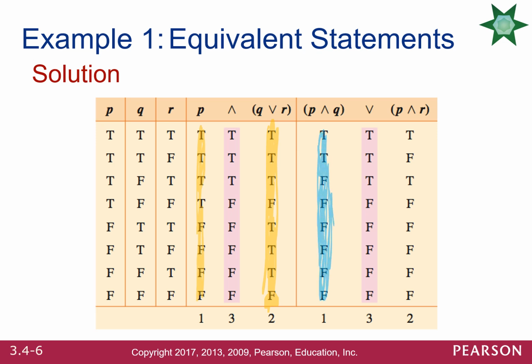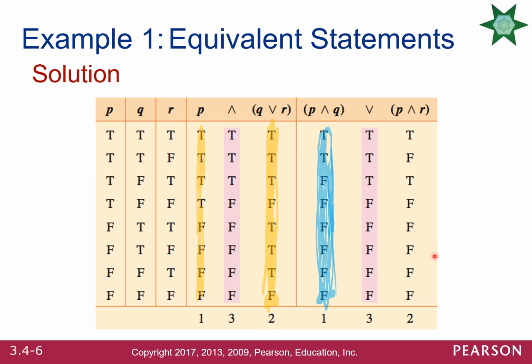So this column, and then we have to go to the next column, which is P and R. So this time we are comparing P and R. True, true is a true, true, false is going to be a false. True, true is a true, true, false is a false. False, true, false; false, false, false; false, true, false; and false, false, false.